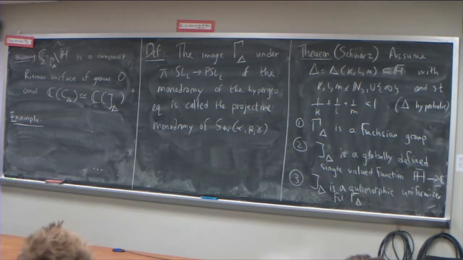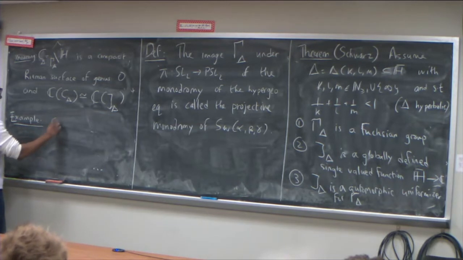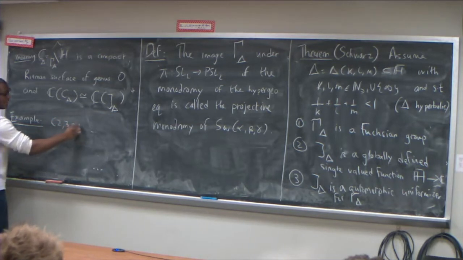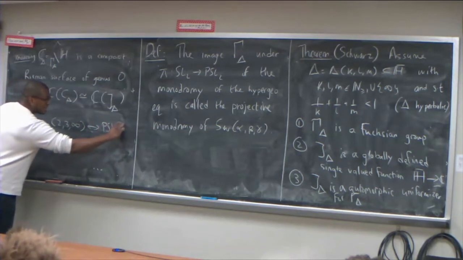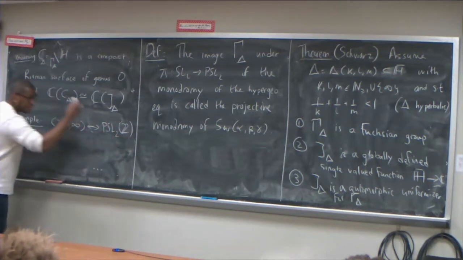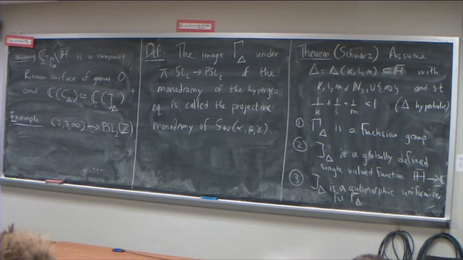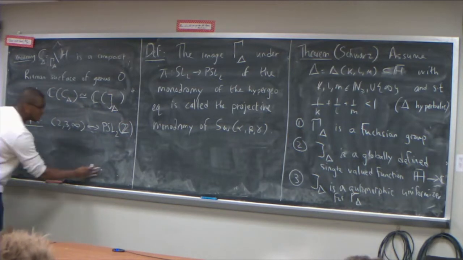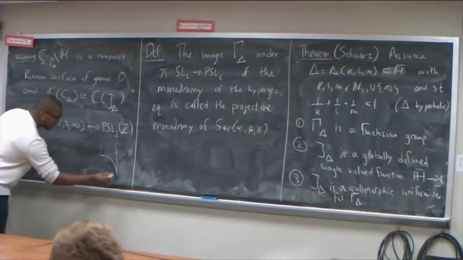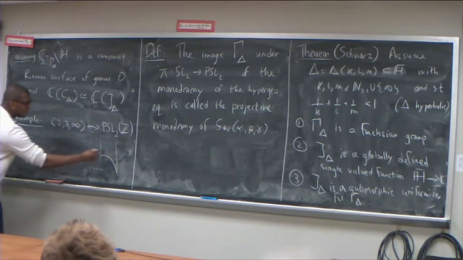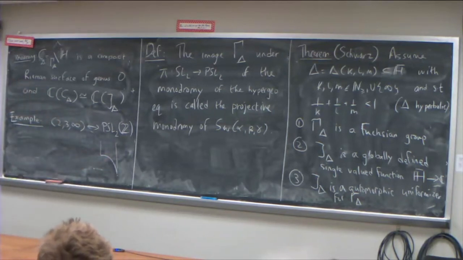All right. So the most famous example is when the parameters are 2, 3, infinity, and that corresponds to PSL(2,Z). And the well-known picture of a triangle is something like that. This is pi/2, pi/3, and infinity means the point at infinity.